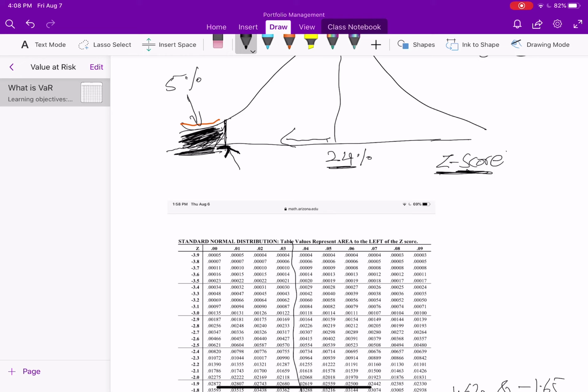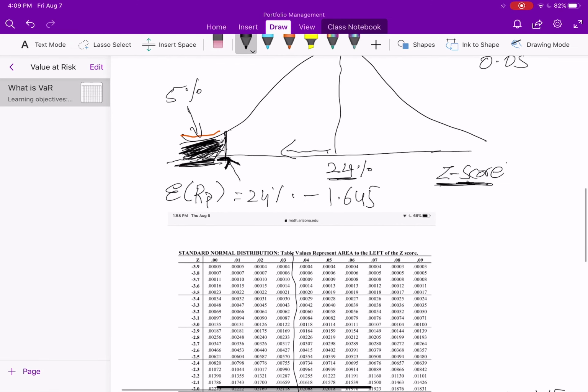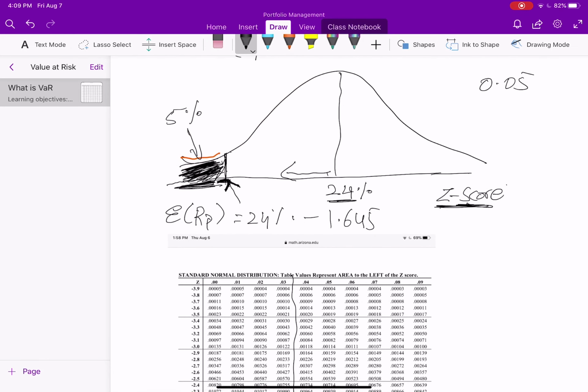The expected return of the portfolio is equal to 24% minus 1.645. This minus is the same as all these minuses, right? It just suggests that we are on the left hand side of the mean, because we are concerned only about the loss.